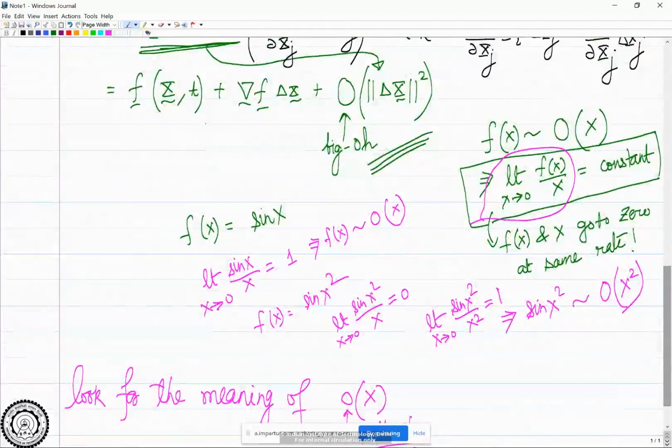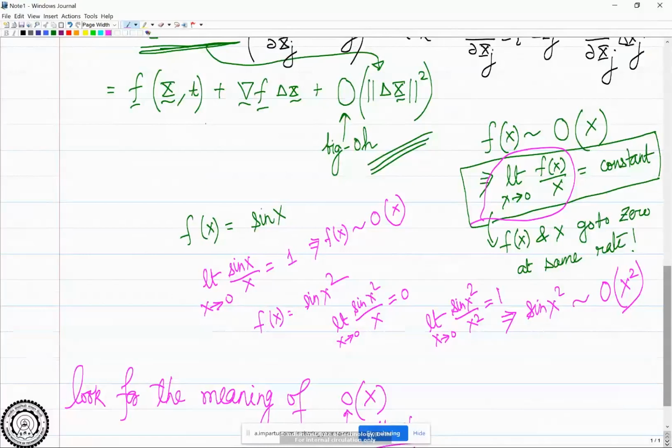You could also express order not just as powers of x. You can compare a function with some other known function also. For example, a function could be very, very complicated. But if you know of a very simple function, let us say g of x.